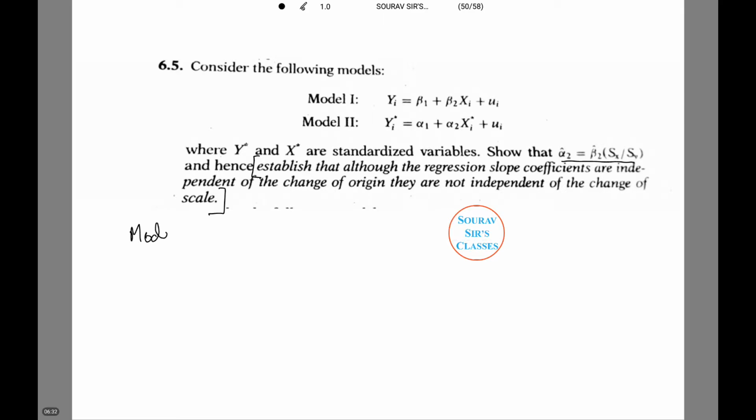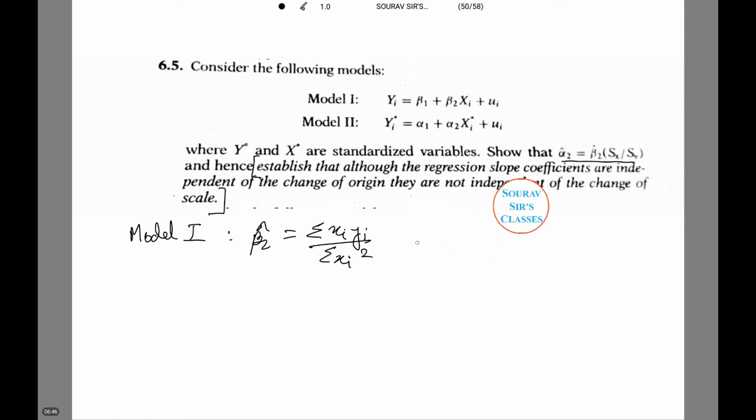For model 1, we know that beta 2 cap is equals to summation xi yi by summation xi square, where x and y are in deviation form.